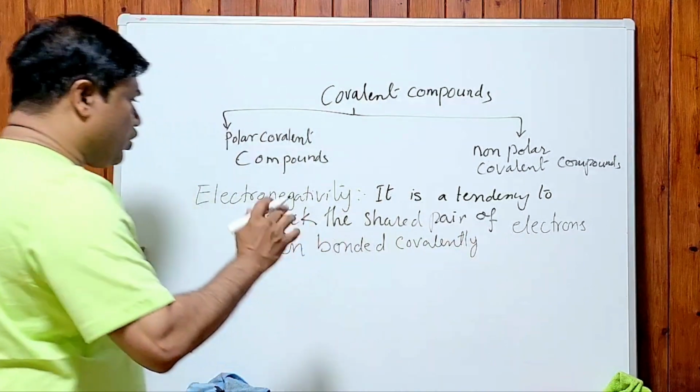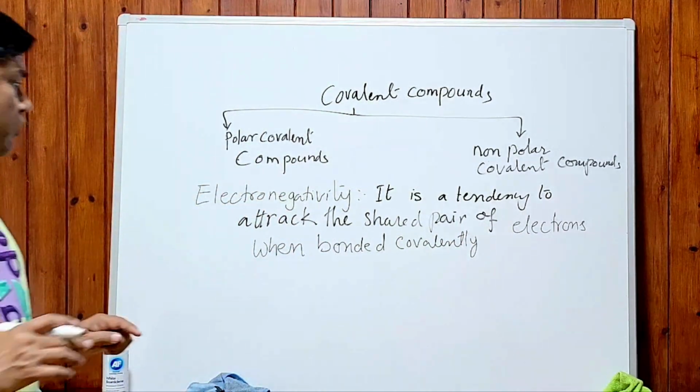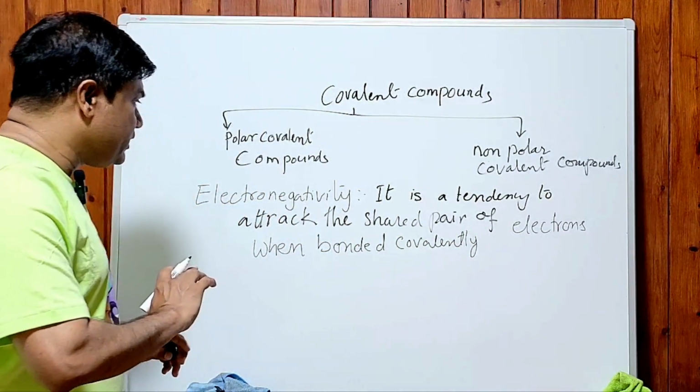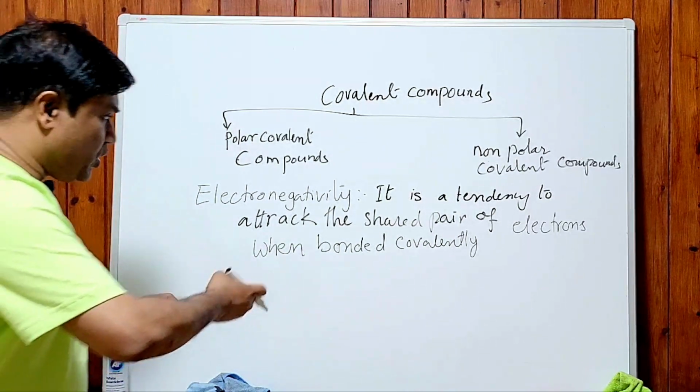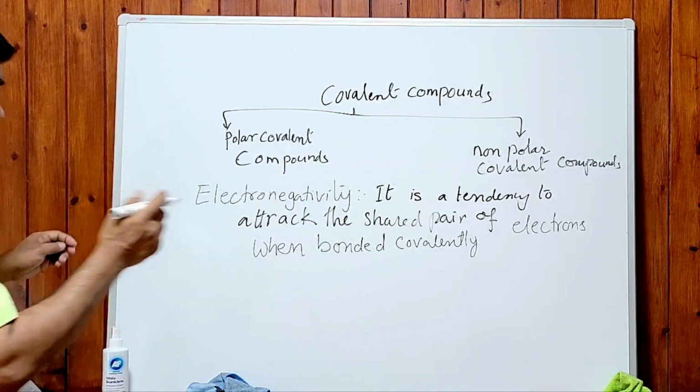So when a covalent bond is formed, one of the elements has the ability to attract the shared pair of electrons.